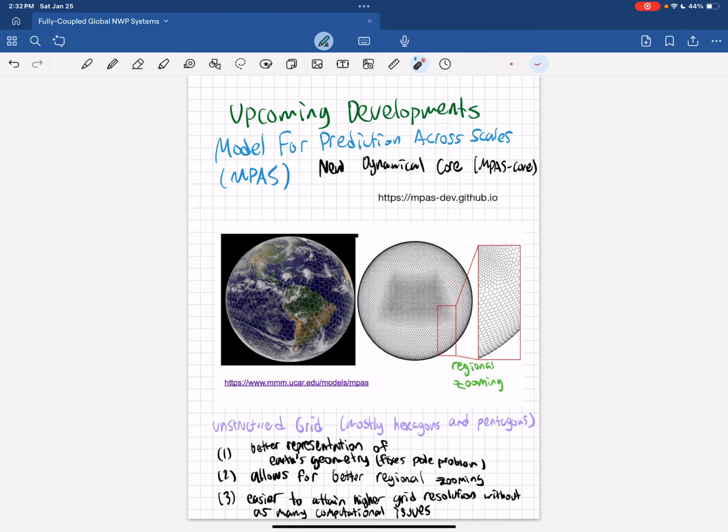It's usually also really easy to define how the periodic boundary condition works. It also allows for better regional zooming, so you can actually have subgrids within.